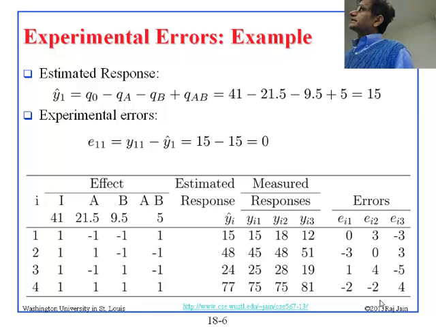In this case, if there were 3 values measured, the mean was 15, so that is what you are going to predict. Your model will predict y hat 15, and so the error would be 0 in this case, 3 in this case, and minus 3 here. Similarly here the error is minus 3, 0, and 3 because you are subtracting y hat from y measured.